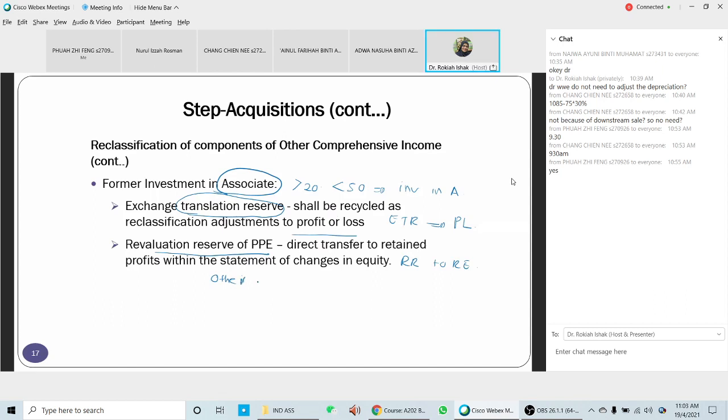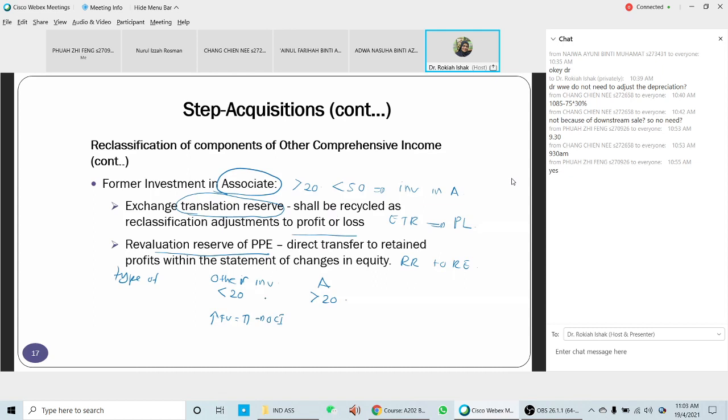So this is your type of investment. For example, other investment is less than 20%, and then the other one is associate, when the investment is more than 20%. For other investment, if you have an increase in the fair value, it is recognized as a gain. This gain was recorded in other comprehensive income.